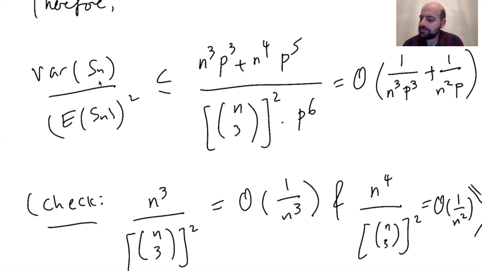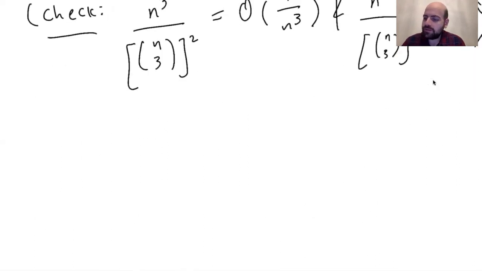Okay. Now, why is this guy 0? Again, what was the assumption? 1 over n is much less than p in part B. So let me write down the assumption again.